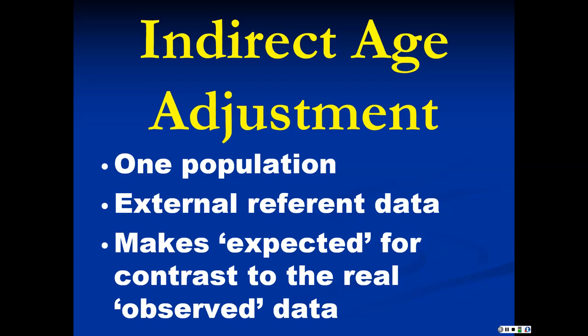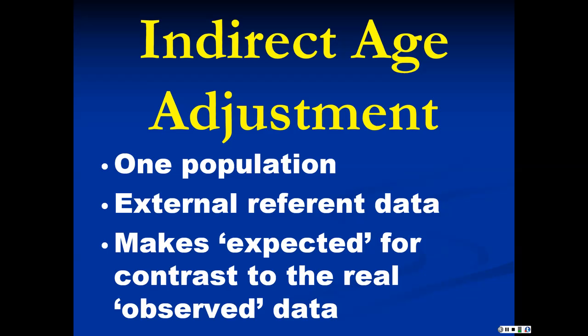So when we have one population where we suspect that there may be an excessive amount of cancer, perhaps a cancer cluster, what we want to do is make a comparison to external referent data, meaning we'd like to compare our small rural county or our small town or our workplace with a few thousand or a few hundred people to a much larger outside population, like the state as a whole, or maybe even the whole country, and say, how much cancer would we expect?